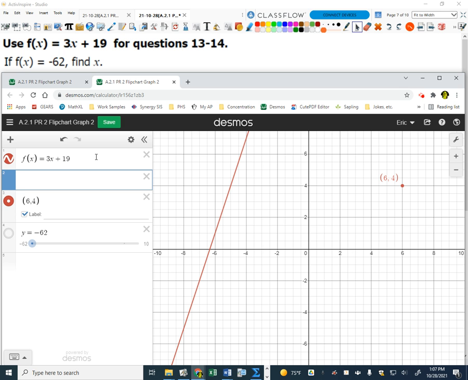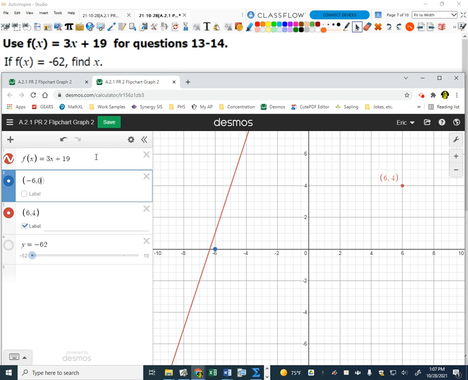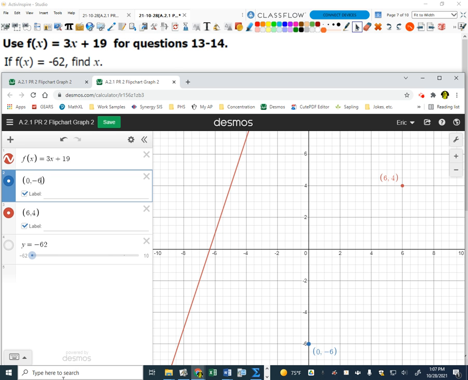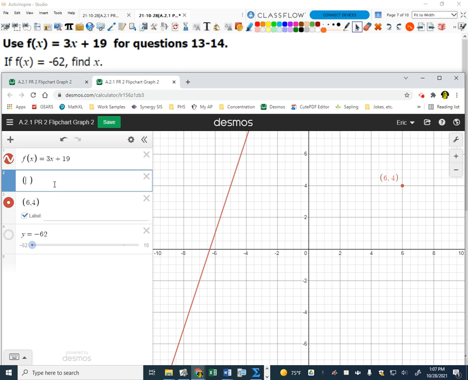Okay, let's try it. Ah, we missed. 0, -6. Okay, let's try that. No, I missed it again. I want x to be -6, right? Yeah, but I have to figure out the y value. What's the y value going to be? We can probably see it's going to be 1, right?